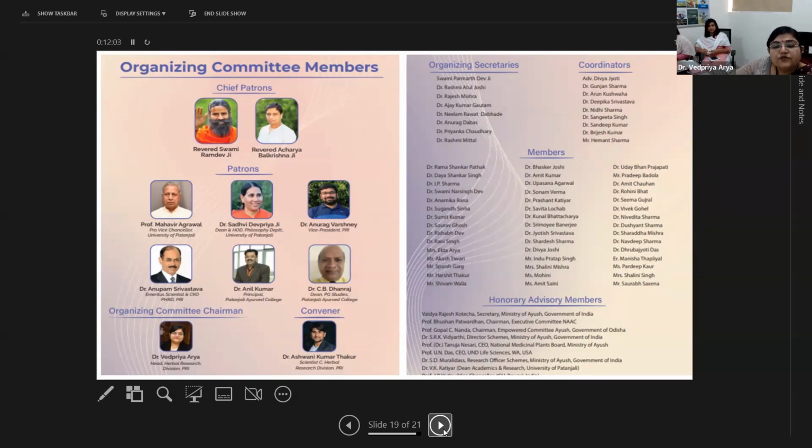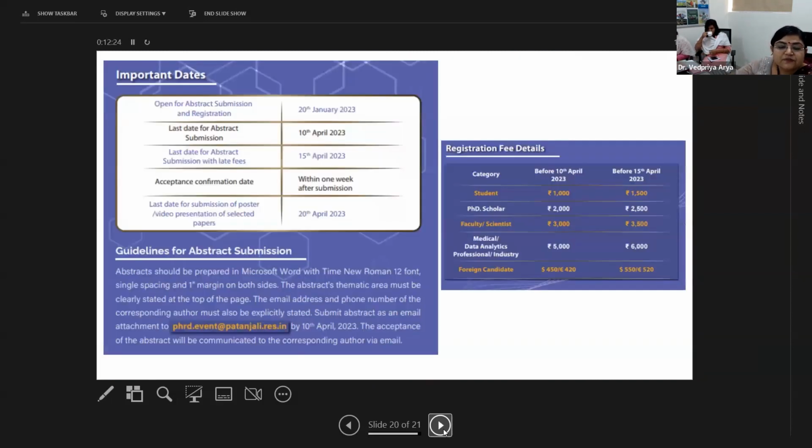I'm very proud to say we have organizing secretaries, a great team of coordinators and members, and honorary advisory members. I again thank Dr. Ashwini Kumar for working as convener, executing all the tasks with the help of organizing secretaries and senior team leads of Patanjali Research Foundation Trust.